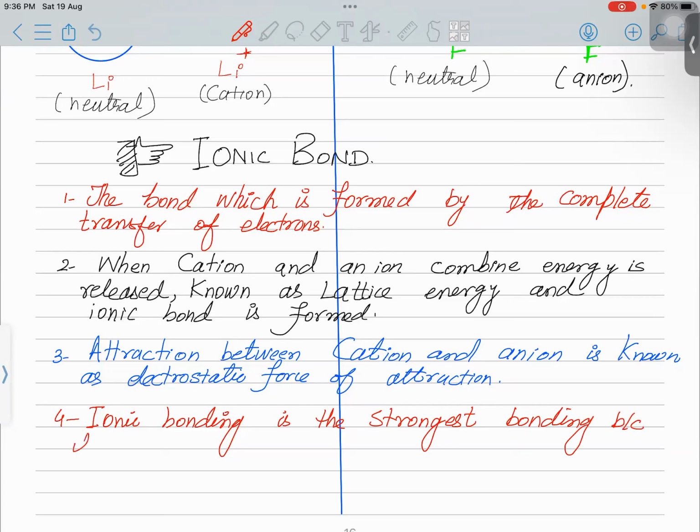Because it is due to electrostatic force of attraction.